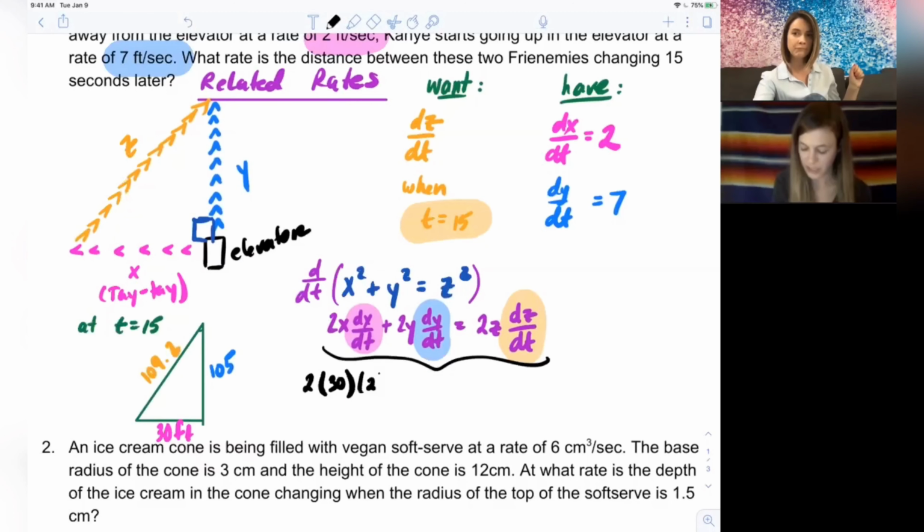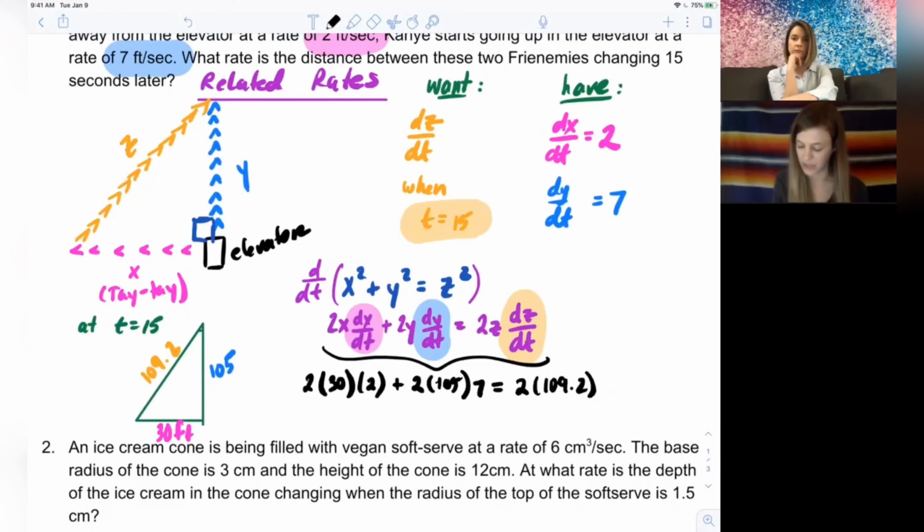Plus 2 times y, which is 105 feet, and dy/dt was 7, is equal to 2 times z, which is 109.2, and then dz/dt, that is what we're trying to find. Nice. So we have all constants except what we want. Now, we're all adults here. Can I trust you to solve it from here?